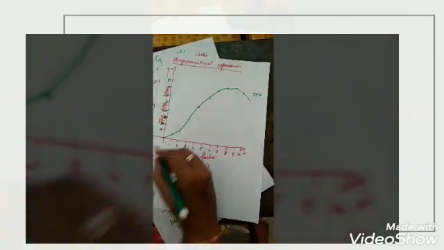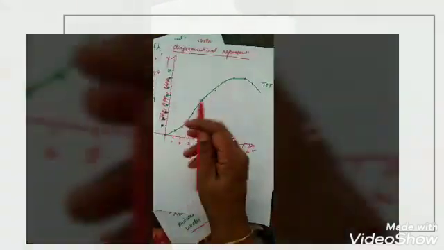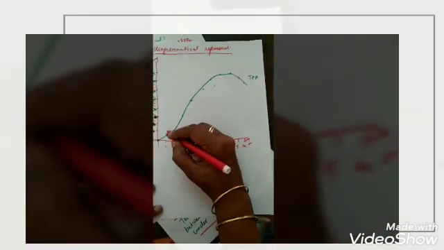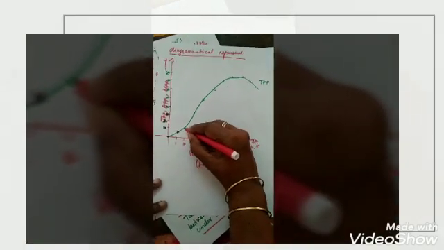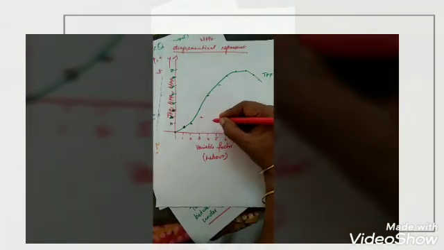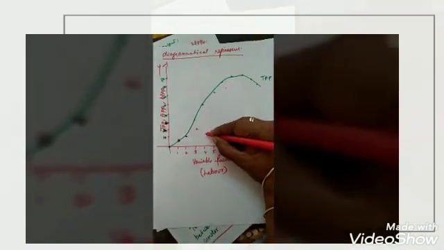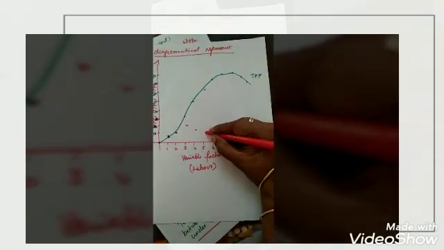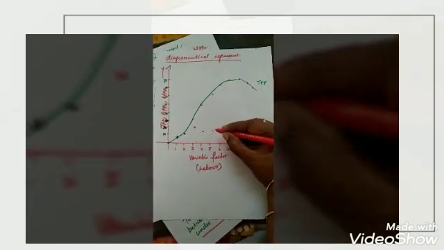So come to the next one, MPP. 0, 4, then it is 10. Then it is 20. Then it is 16. Then it is 12.